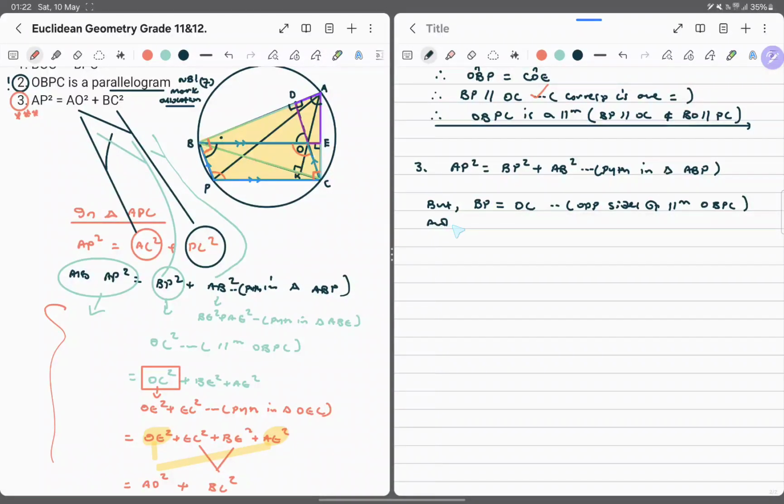And we also know that AB squared, as we did it here, is equal to BE squared plus AE squared, right?